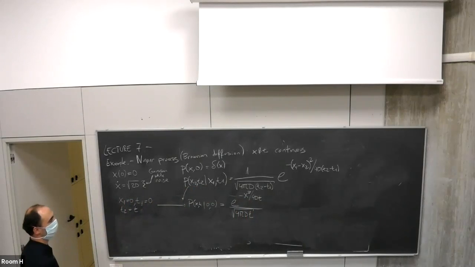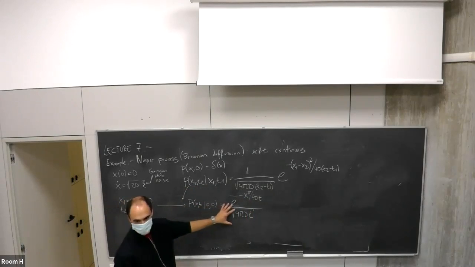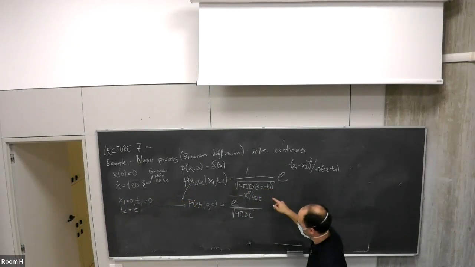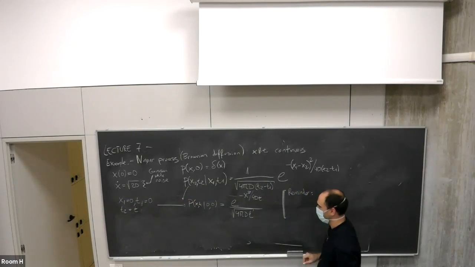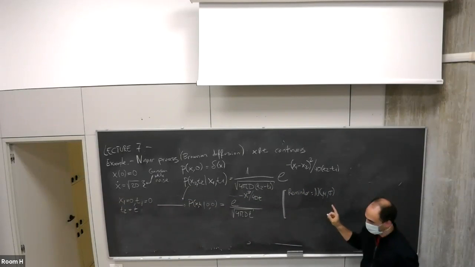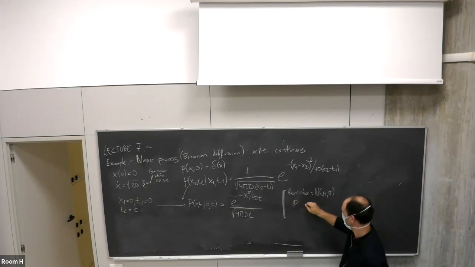This is a Gaussian distribution. I will do a bracket here; it doesn't mean there's a multiplication. But as a reminder, what is a Gaussian distribution? Let's say we have a normal distribution with mean mu and standard deviation sigma. You know this, no? What is the distribution?